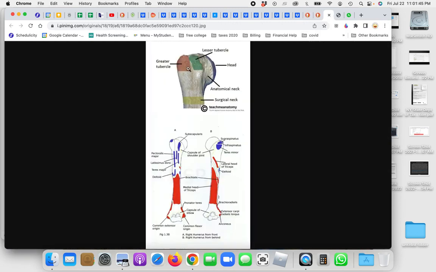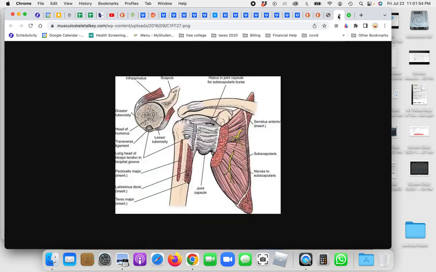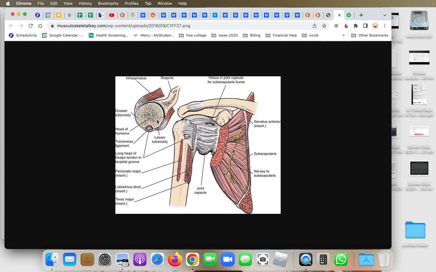Greater tubercle, bicipital tendon, groove, and then the lesser tubercle. Greater tuberosity, lesser tuberosity, biceps tendon, infraspinatus.